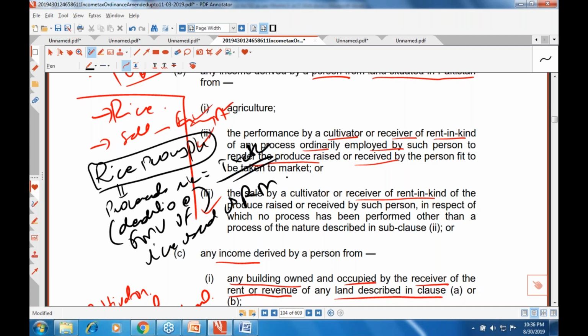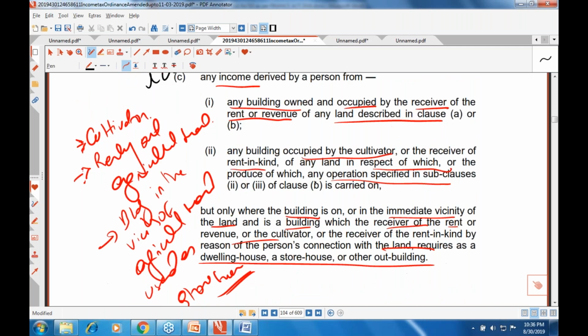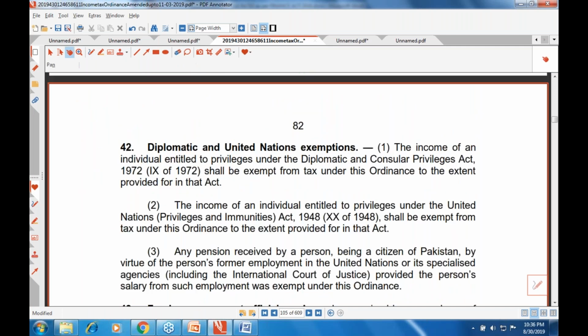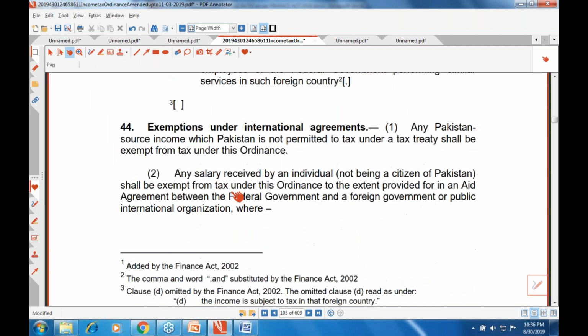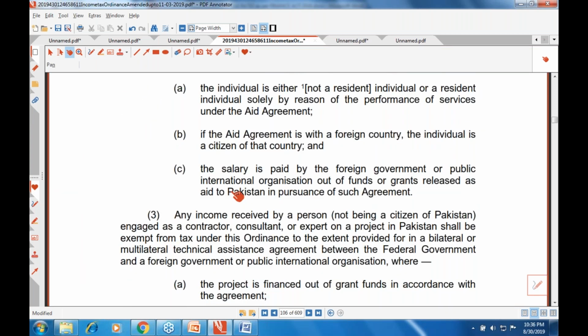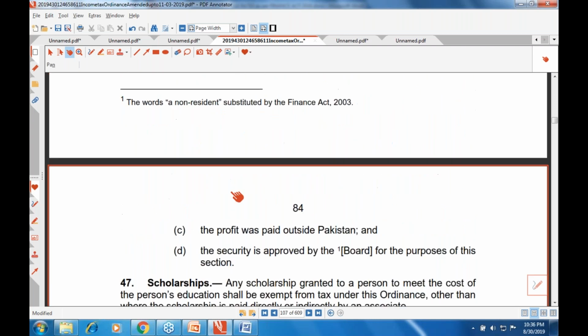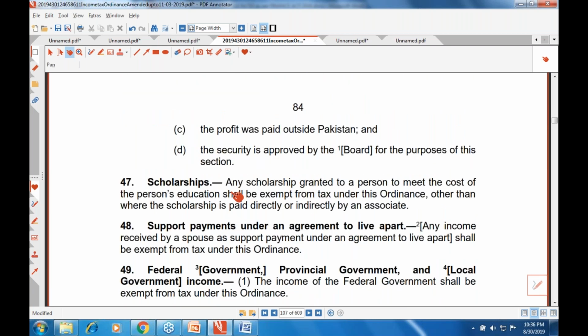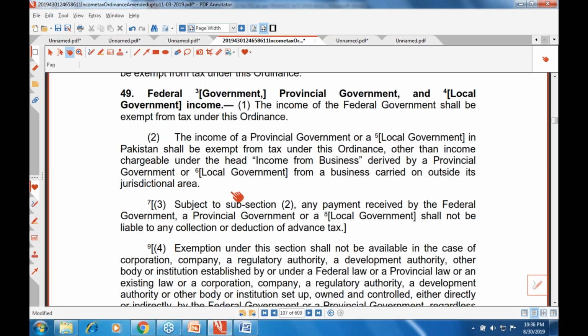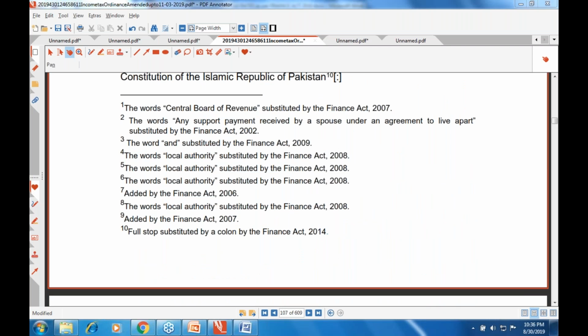Okay, is that okay? So we have discussed the exemptions for agricultural income also. Is everyone okay till here?